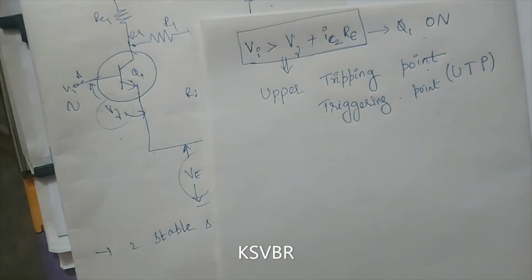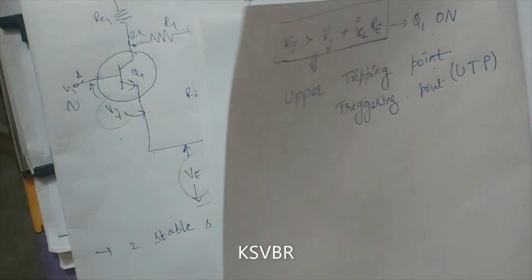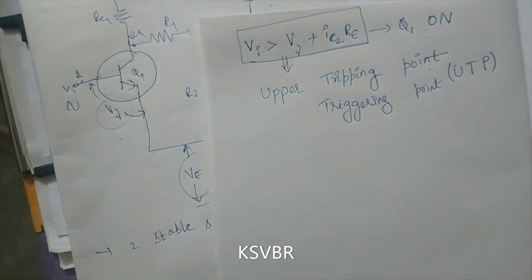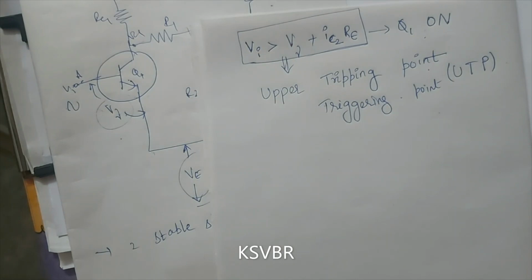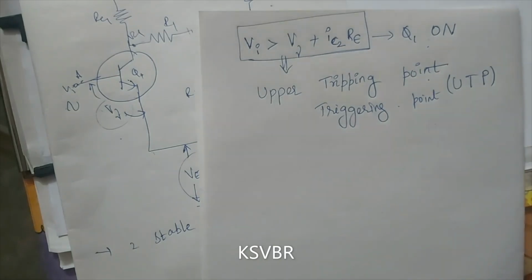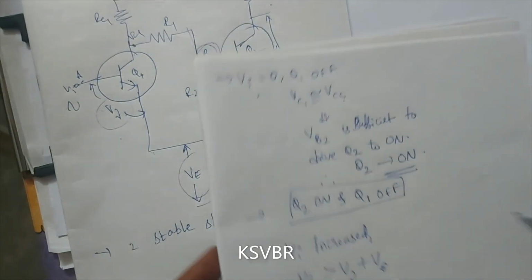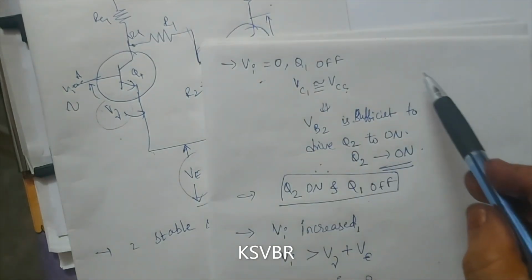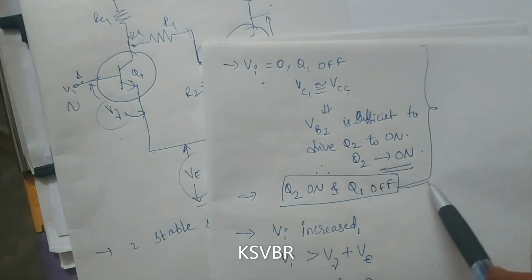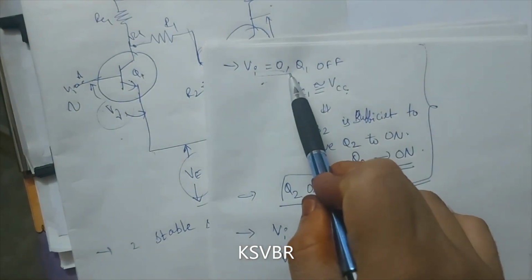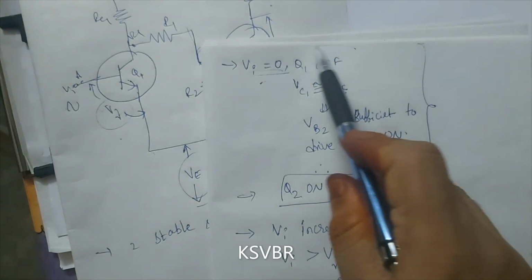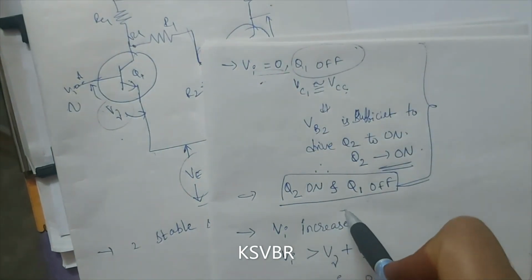So what is the definition of UTP? The value of input voltage at which Q1 starts conducting is called the upper tripping point. This is the main key point in operation of Schmitt trigger. By default, in the analysis at input equal to 0, we had the case that Q1 is in off condition and Q2 is in on condition.